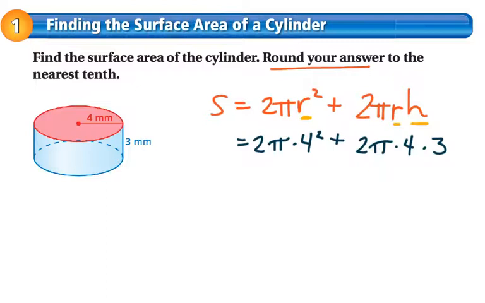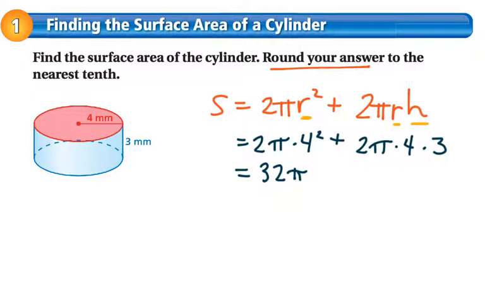We're going to leave our formula in terms of pi for a little bit, and I'll show you what that means. We would take 2 times pi times 4 squared, but we're actually just going to handle the numbers, so we're going to take 2 times 4 squared. Now, 4 squared is worth 16, so we take 16 times 2, which is 32. And then we take 32 times pi. So that's what I mean by leaving it in terms of pi.